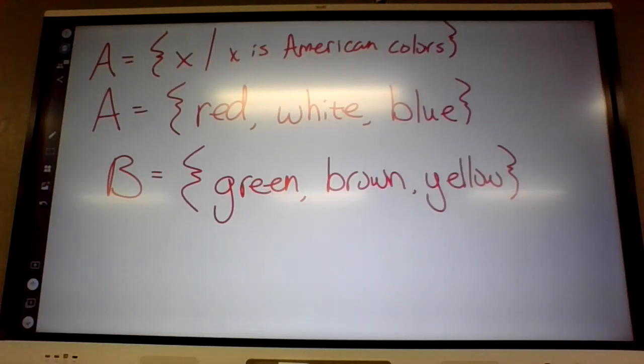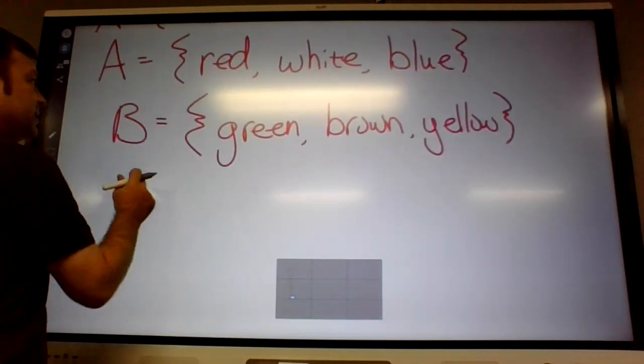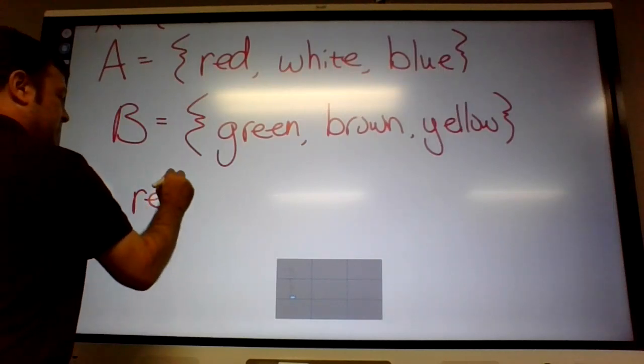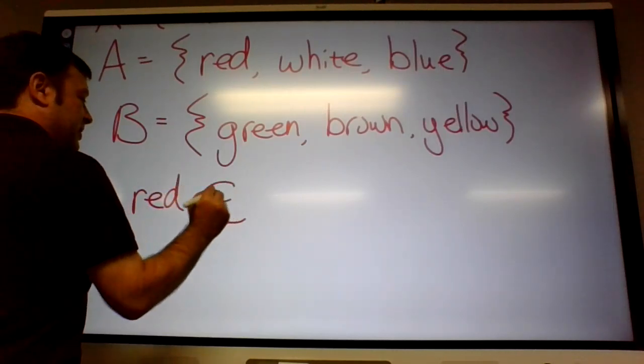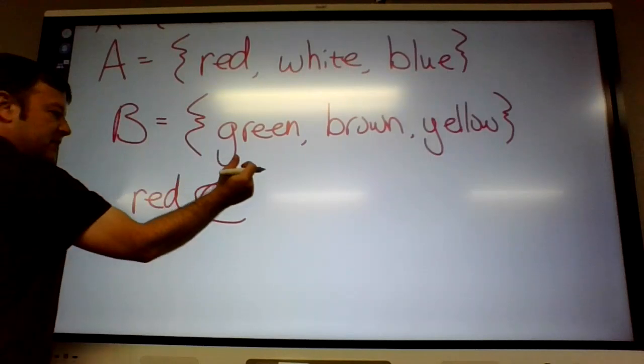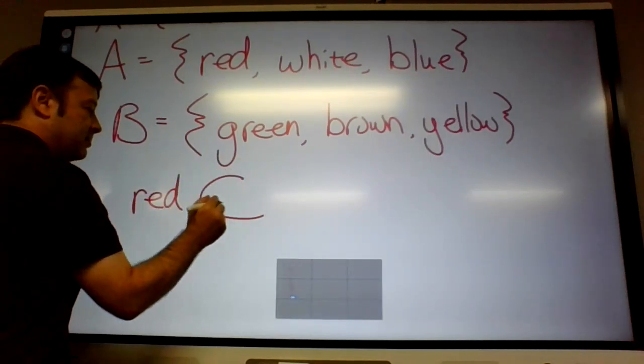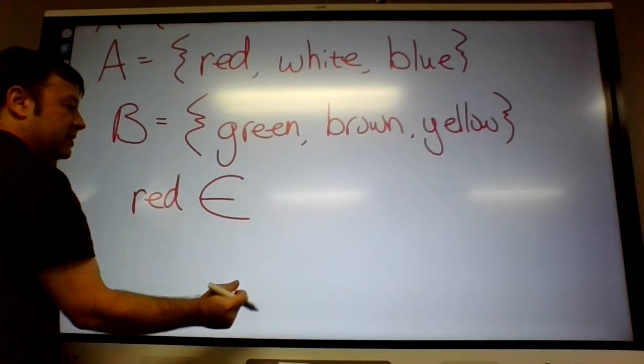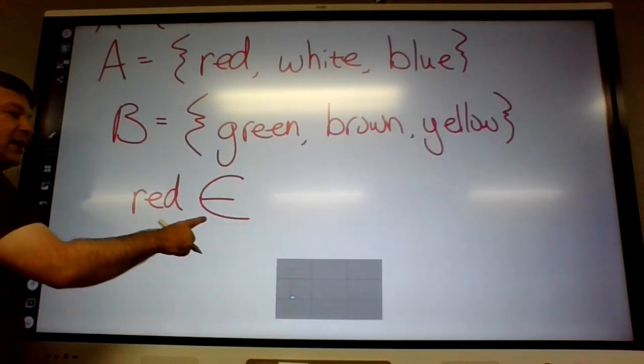We need to start with the first symbol. It kind of looks like an E-ish, but it's not really. I don't know if I can draw it any much better than that. This means an element of.